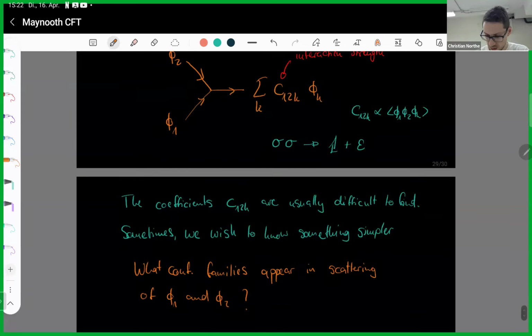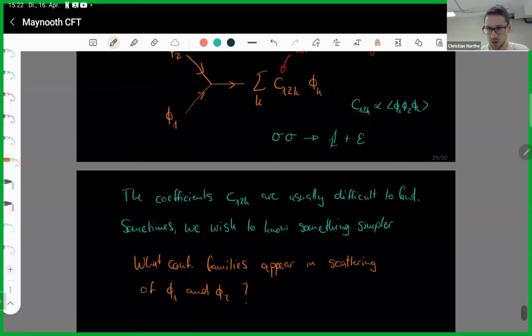The distinction is that C1 to K can be some number, pi or 16 or gamma, the Euler number and stuff like that. It can be some random number.